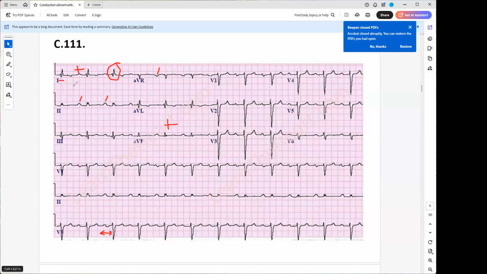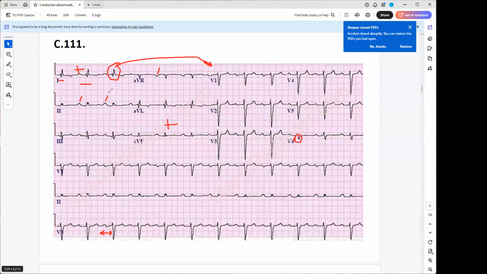For having a right bundle branch block, you have to have an additional sign, and this should be here in V1. And in V1, this RS pattern is completely normal. However, it's possible, but this is the left side, not the right side. So maybe the S wave is a little bit wider.